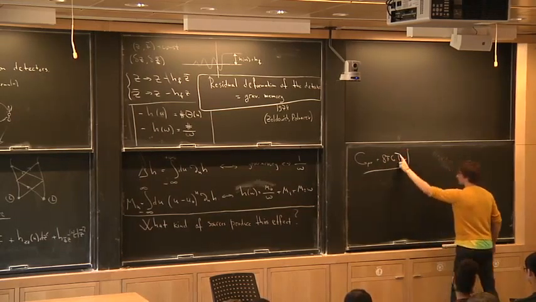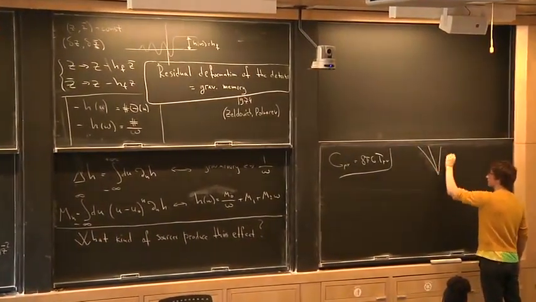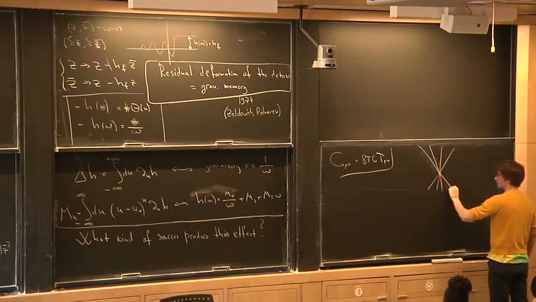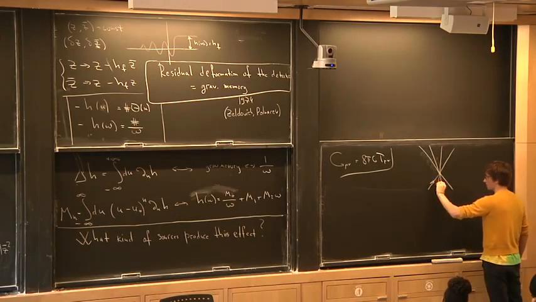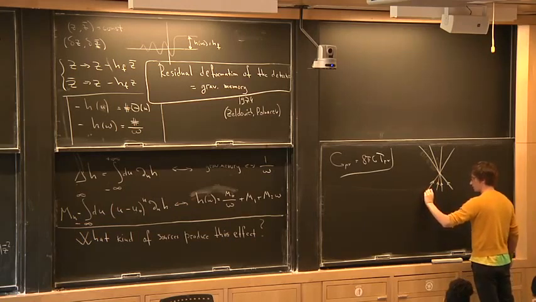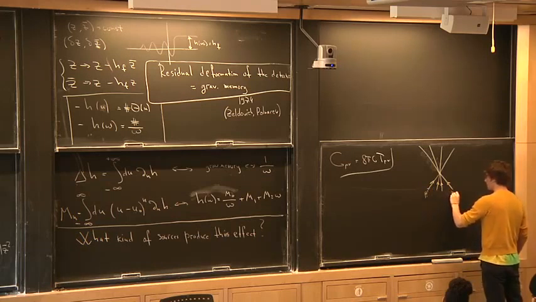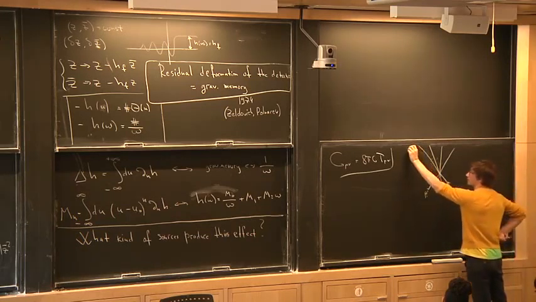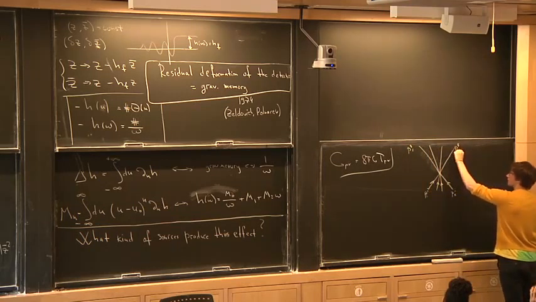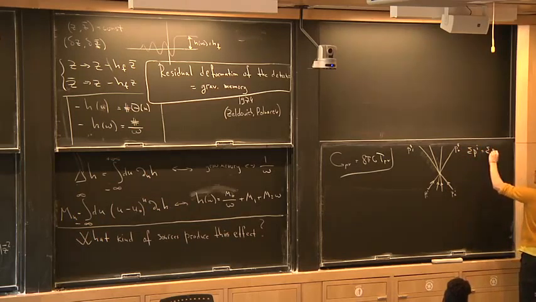And let me choose T mu nu to be the following configuration. We have a set of particles with some momenta, P1 initial, ..., Pk, and say P final, ..., Pk, such that the sum of initial equals the sum of final.